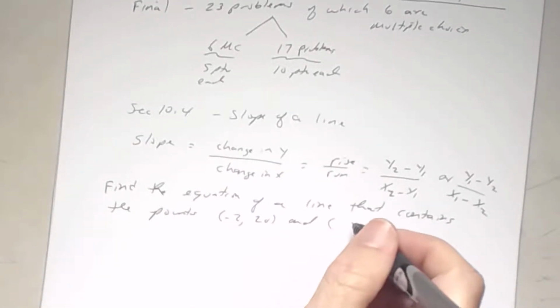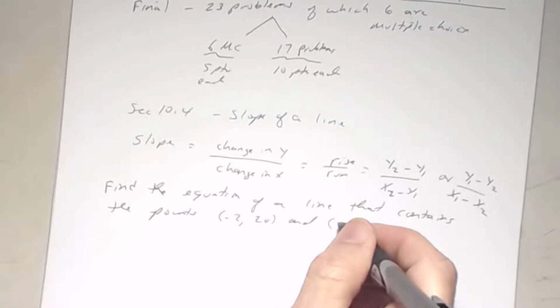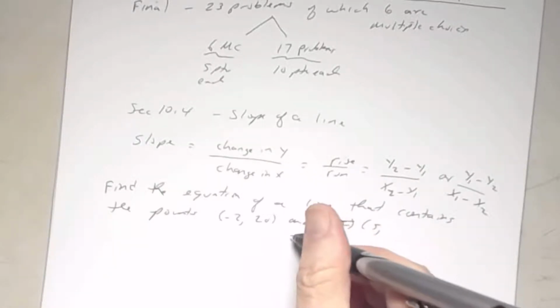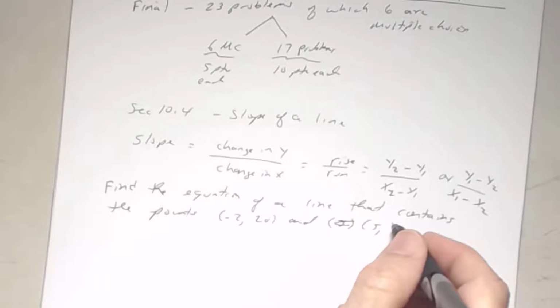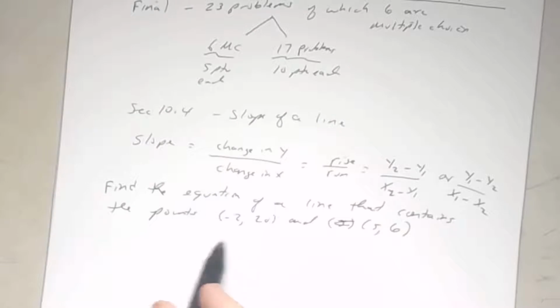And let's say this is 5 comma 6. I think that's going to work. No, it's not going to work. I'm sorry. Yeah, it's going to work. It should work. Okay, so -2, 20 and 5 comma 6.